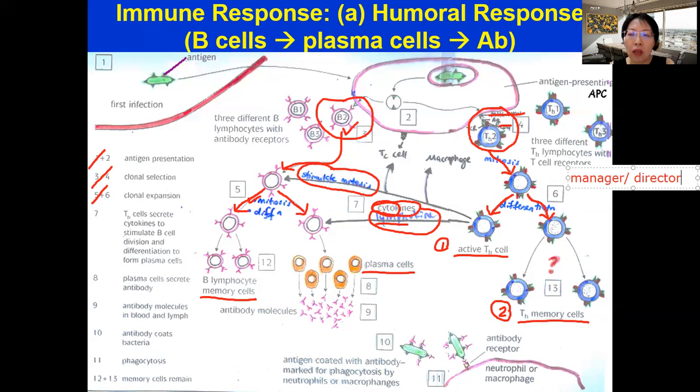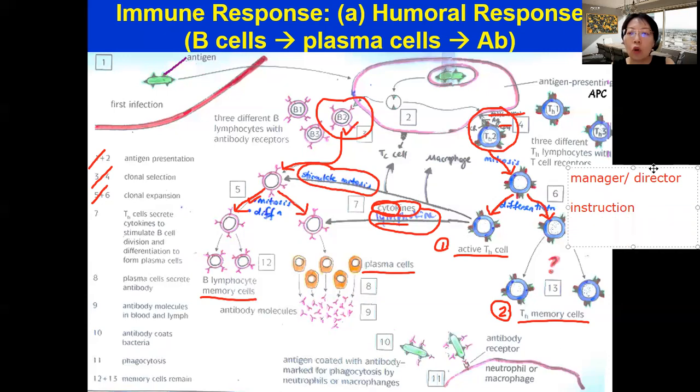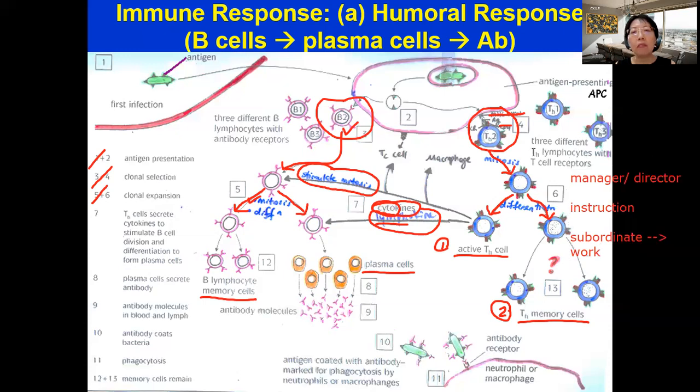The big boss has to give instruction, then only the subordinate will go and do the work. So the rest of the cells have to wait for the instruction from the manager before they will do anything.